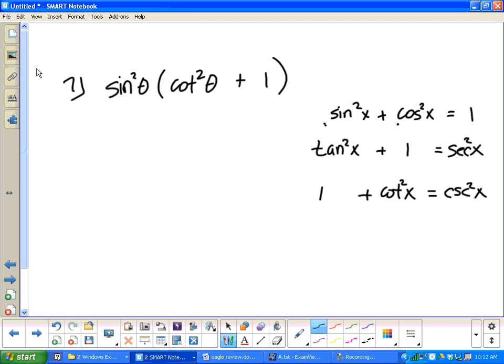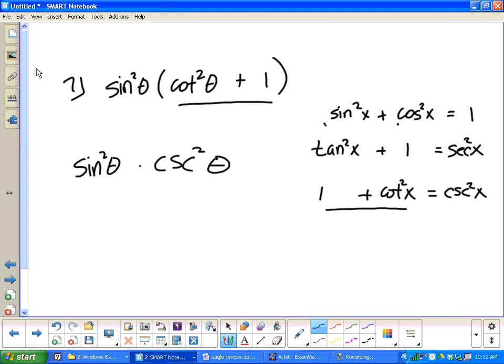Right, now this one's just looking at you right there, okay? Now, does it matter that it's backwards? Because if you're adding, the order doesn't matter, okay? So cotangent squared plus 1 is just cosecant squared, okay? So we get sine squared times cosecant squared.